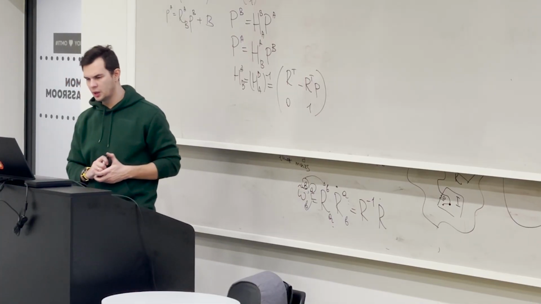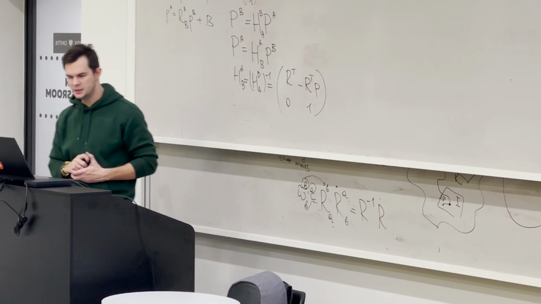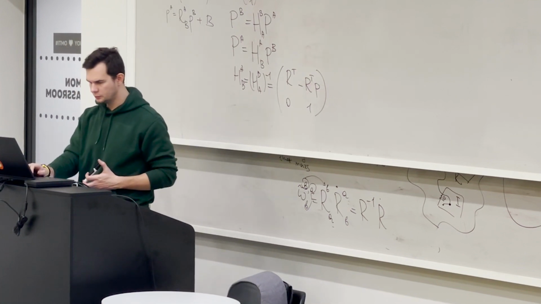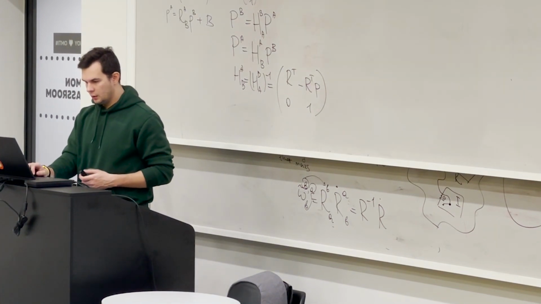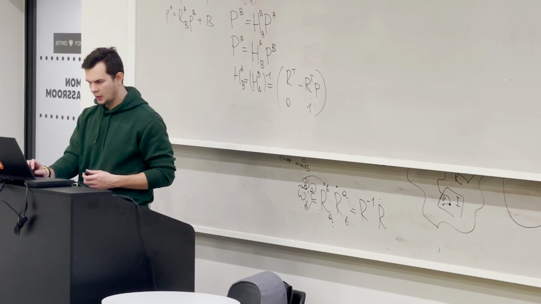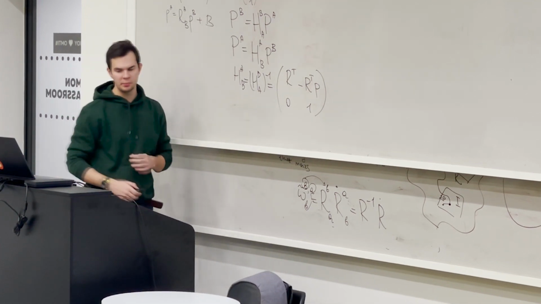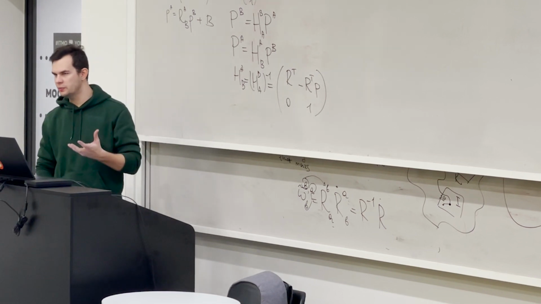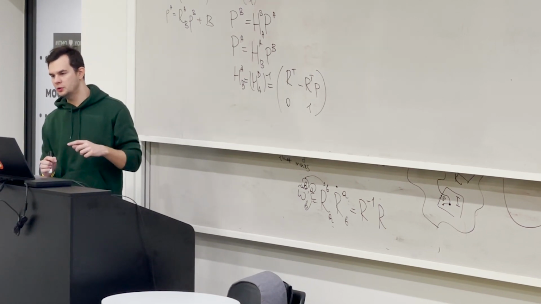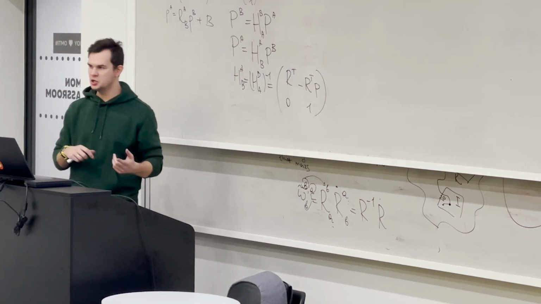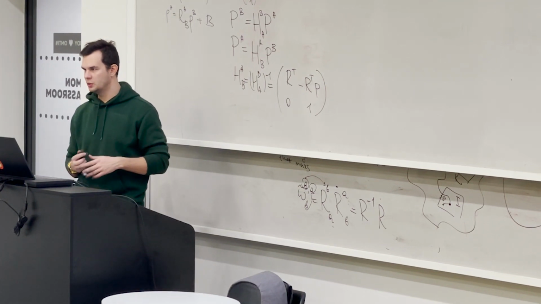So here also you have a closure, associativity, identity, and inverse elements. And H could be used in order to represent a position and orientation of a body, and also to express the change of orientation and position, to express the motion.